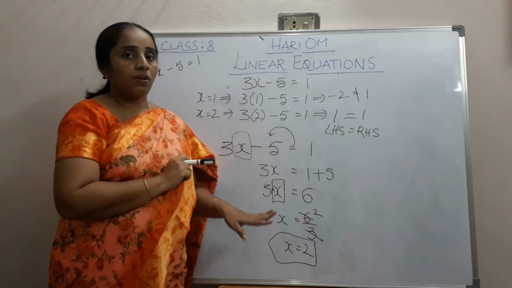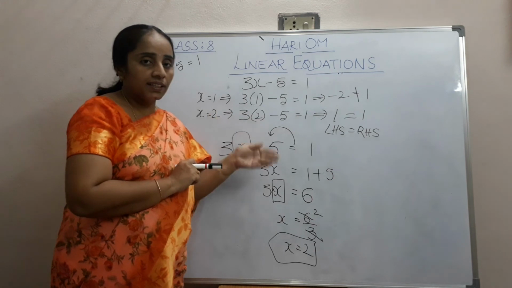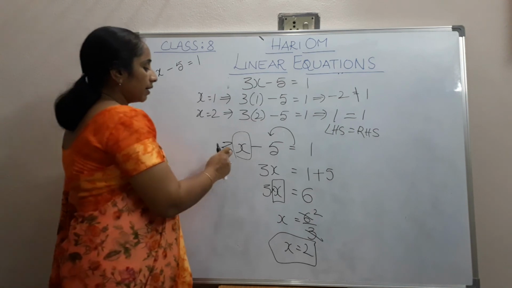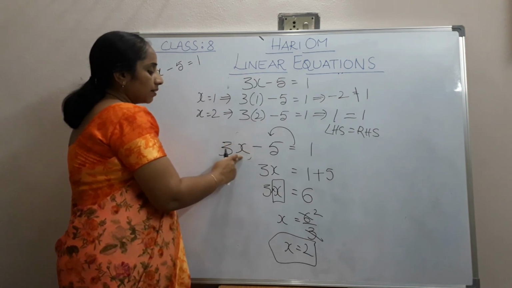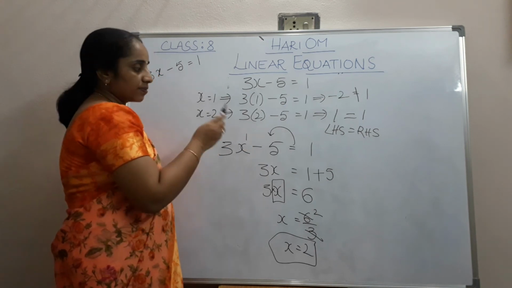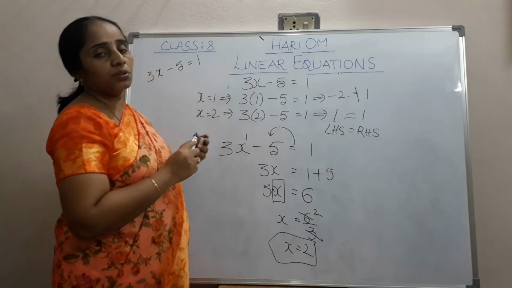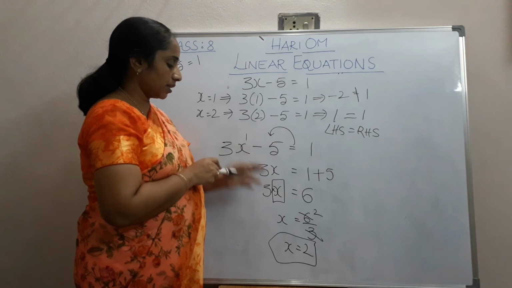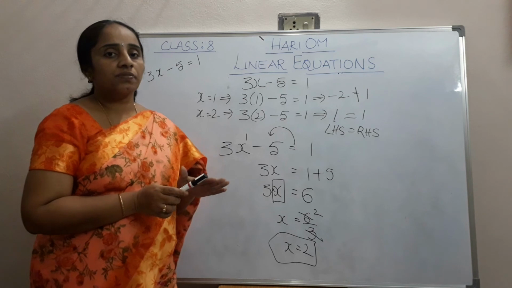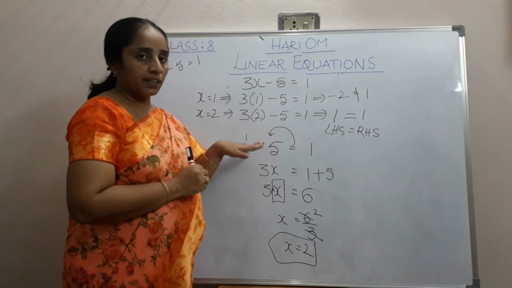No. It depends upon its highest power, that is its degree. So what is the variable's highest power? In this equation it is 1. So for this linear equation we have only one solution, x equal to 2. No other values satisfy this equation. Only 2 can satisfy it.